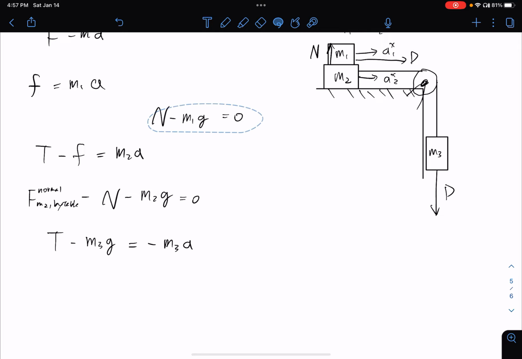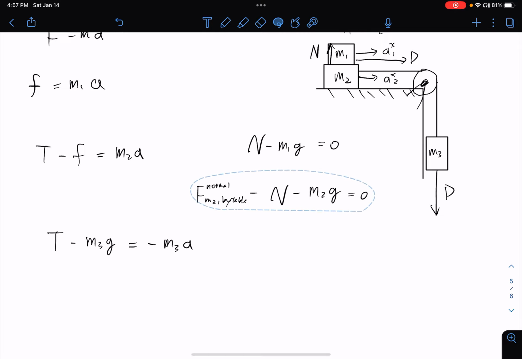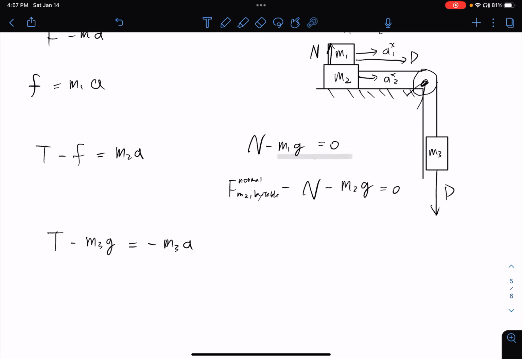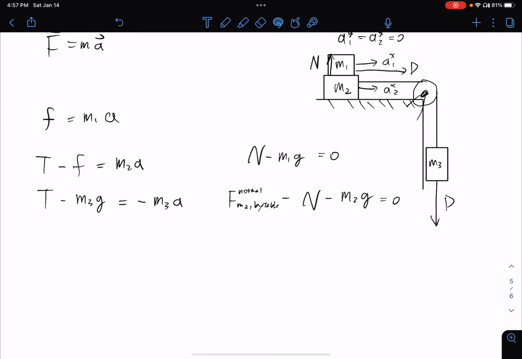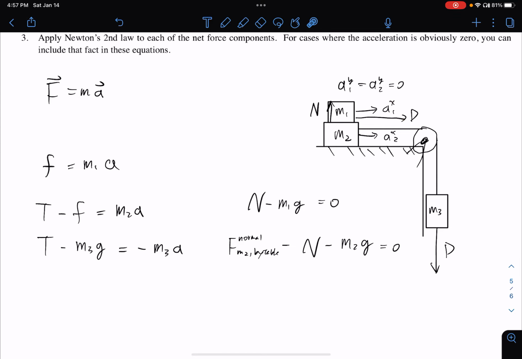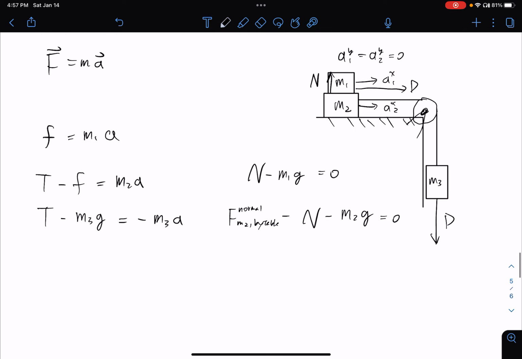These two will tell us how big the normal force between m1 and m2 is and the normal force of the table. This third one is going to tell us the dynamics of the system, which is how big the acceleration will be. So we can first solve for the normal force.